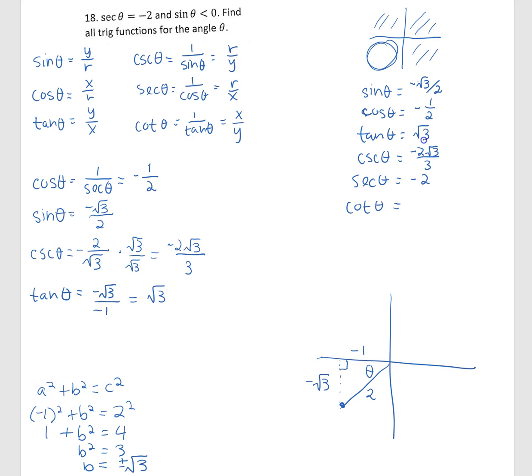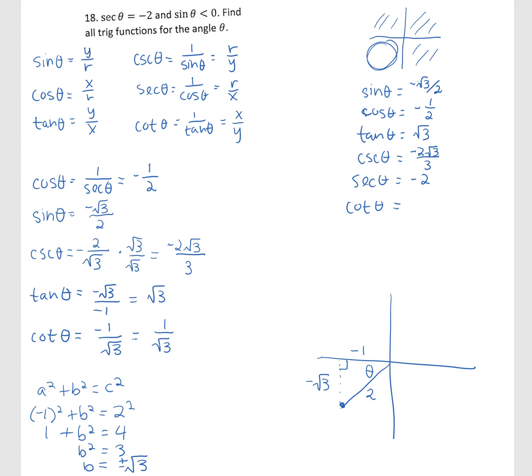Put that in here, and so last one we have to figure out is cotangent of theta, and that's just the reciprocal of tangent. So that's going to be x, negative 1, over y, negative root 3. And again, those negatives cancel out and we're left with 1 over root 3.